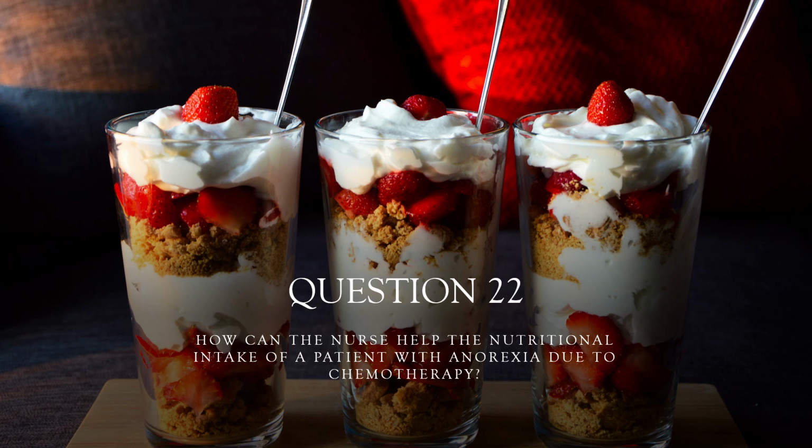If a milkshake is something that they can tolerate and they love, let's give it to them, because we're going to get many more calories, right? And it's a small amount. And if they like it, they're encouraged to eat it. It is very difficult, and we do have a problem with anorexia in our chemotherapy patients, especially because of the nausea and vomiting. So we want them to eat when they're less nauseous.